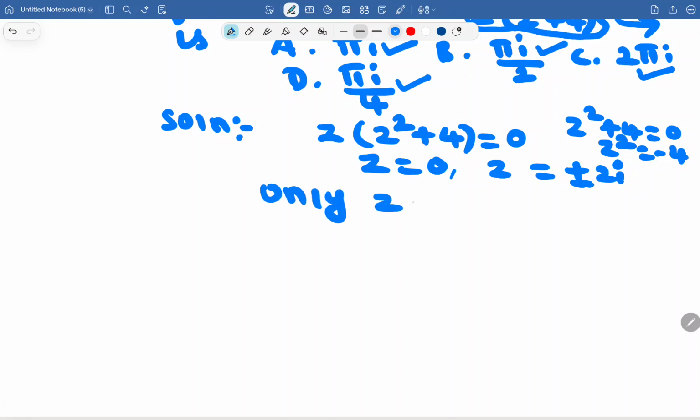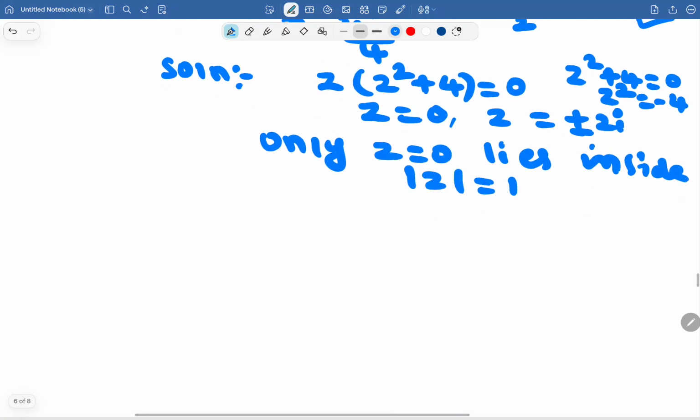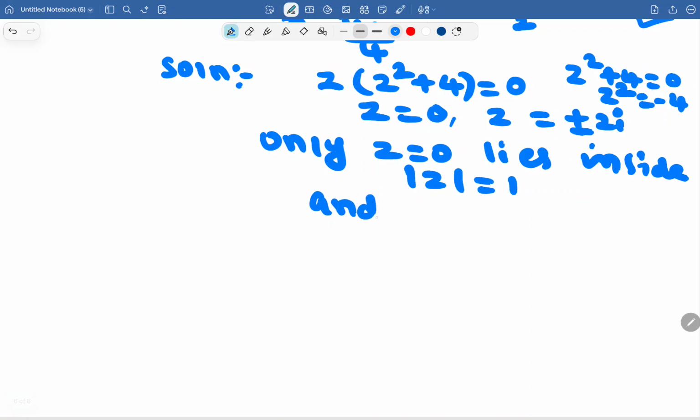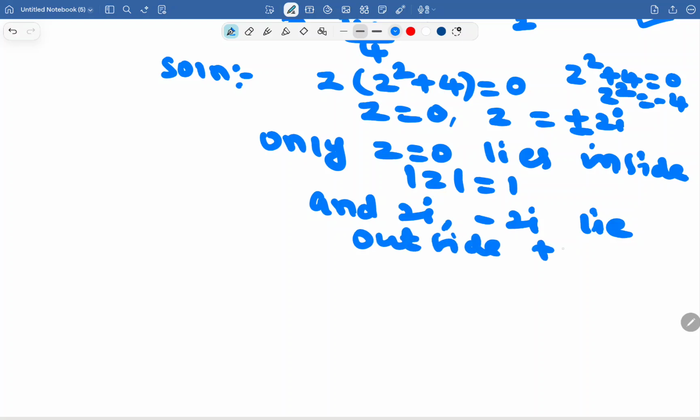Only z equal to 0 lies inside mod z equal to 1, and 2i, minus 2i lie outside the circle.